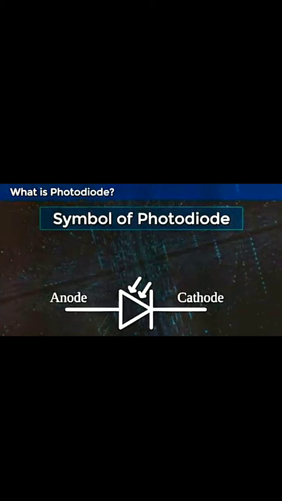That's why the arrow points inward towards the junction, just opposite to the LED. Otherwise it is the same: the triangle is the P side and the perpendicular line is the N side. So the arrow mark is different for the LED and the photodiode, because their functions are opposite.